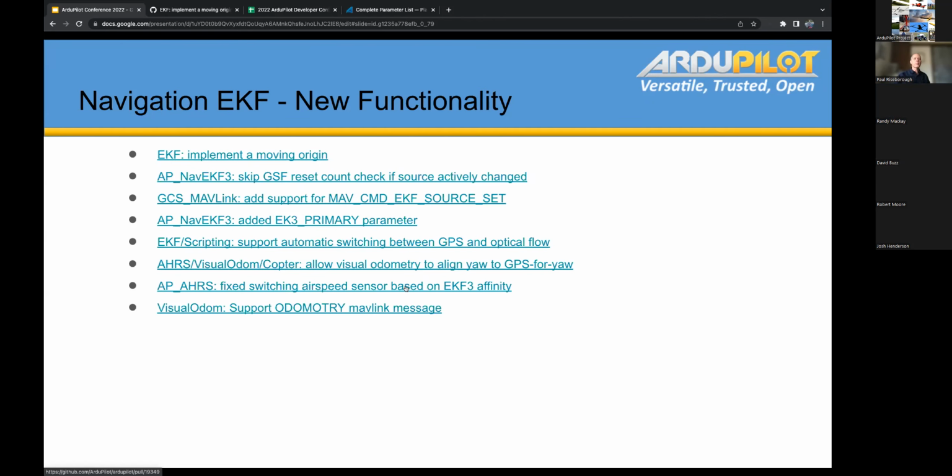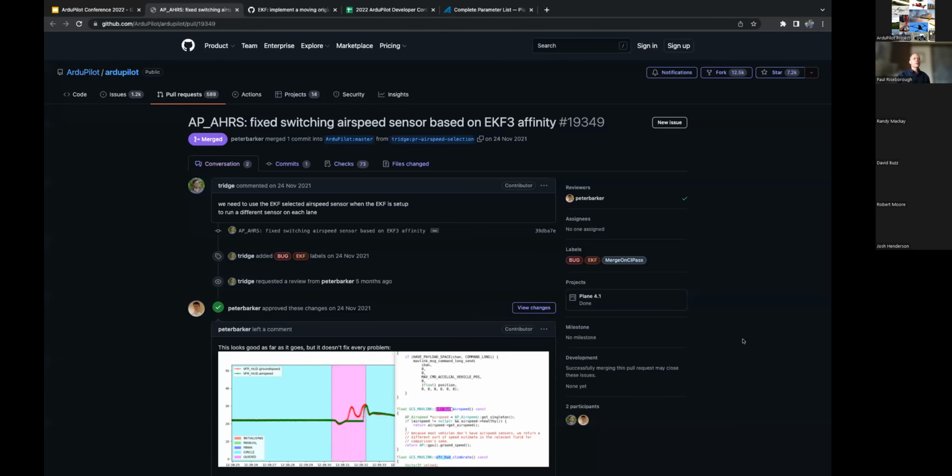We've got another pull request, which is important for fixed wing pilots running multiple airspeed sensors, so that we're able to use the airspeed sensor that the EKF is using for the active lane, because we have something called affinity with the EKF, which has been in for over 12 months now.